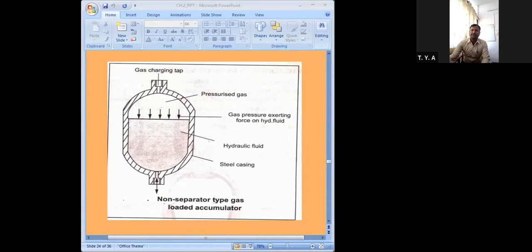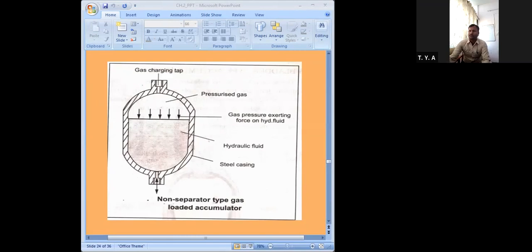When system pressure increases, oil enters through the port and pushes the gas upward. The reduction in the volume of the gas increases its pressure, and this gas pressure is used as potential energy.